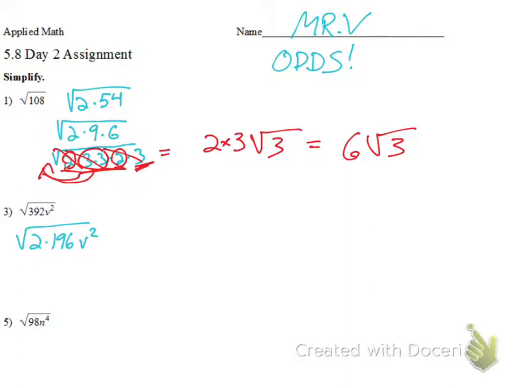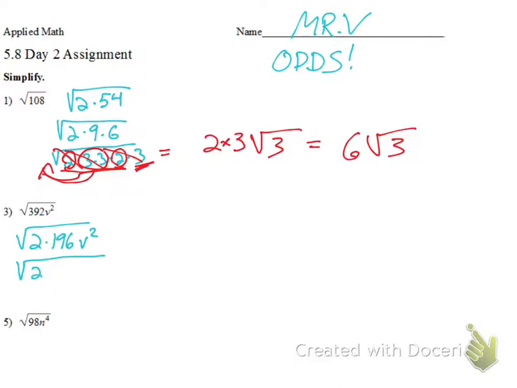I know that 12 goes into it, I think. But nope, I'm wrong. Let's see if 8 goes into it. Nope. Let's see if 16 goes into it. Nope. So none of those do without being a decimal, so I'm just going to divide it by 2.